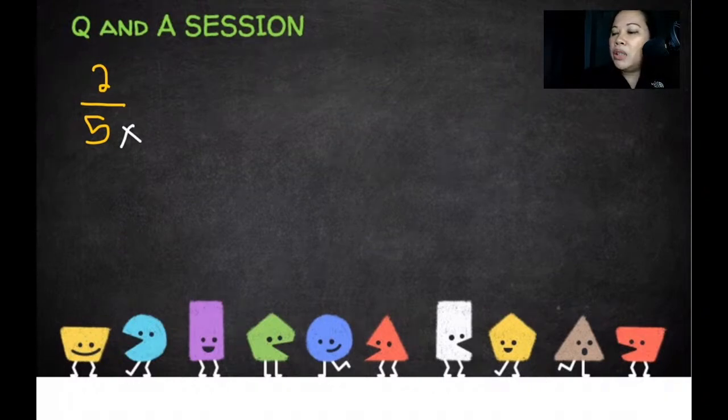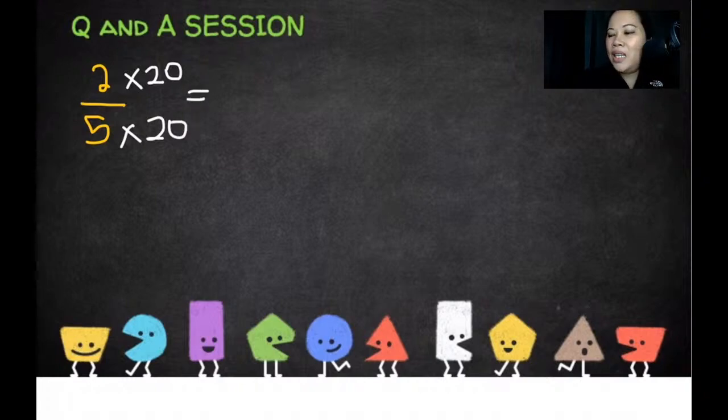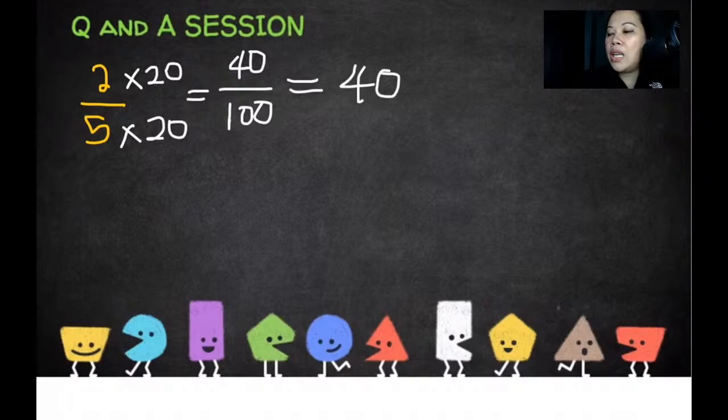So we multiply by 20, so that we get 100. 2 times 20 is 40, 5 times 20 is 100. Therefore, 2/5 is 40/100, or 40%.